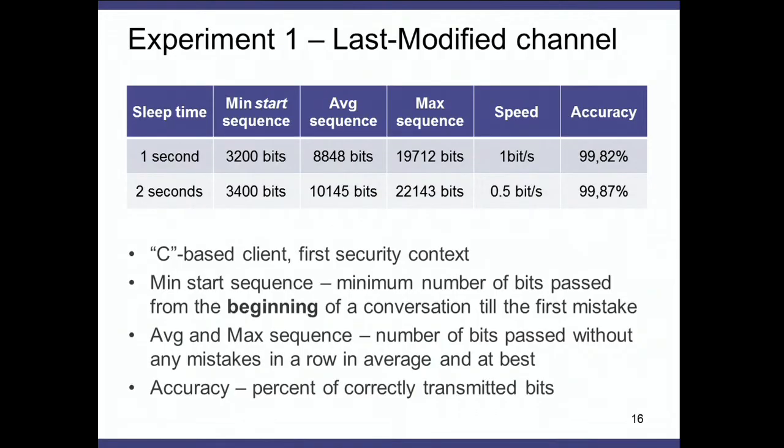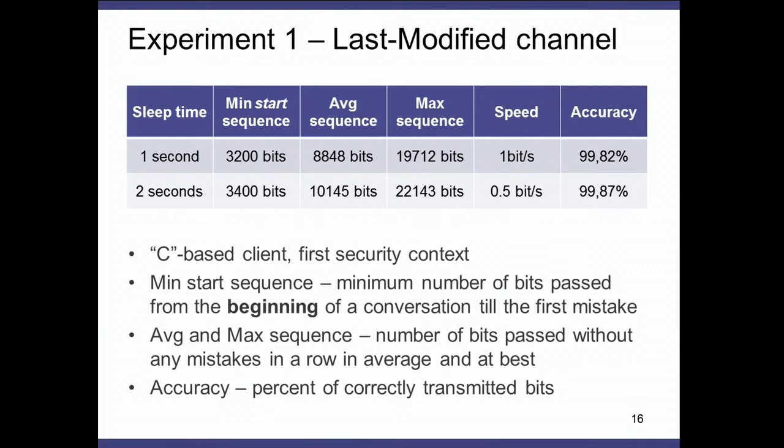So let's start in chronological order. First experiment, the Last-Modified channel. Let's remember, it stores time with the precision up to 1 second. That's why the throughput is just 1 bit or half a bit a second. It's not an impressive speed. The columns mean: sleep time, min start sequence, average sequence, max sequence, speed, accuracy.